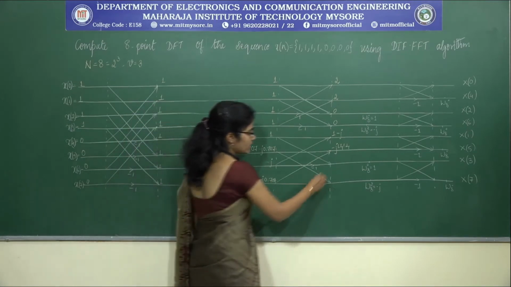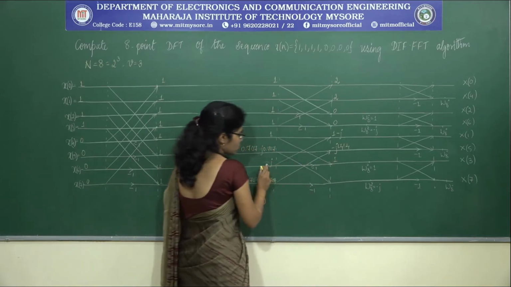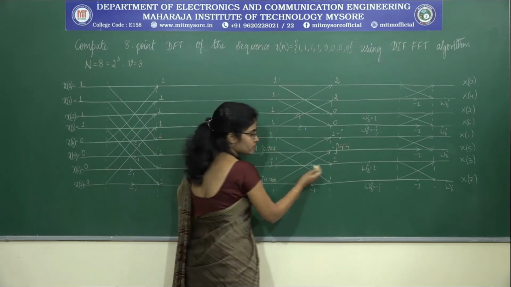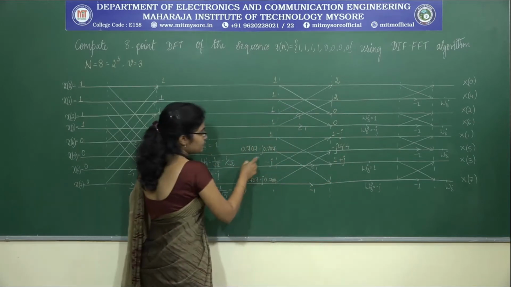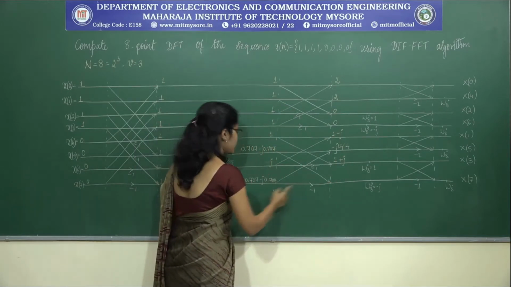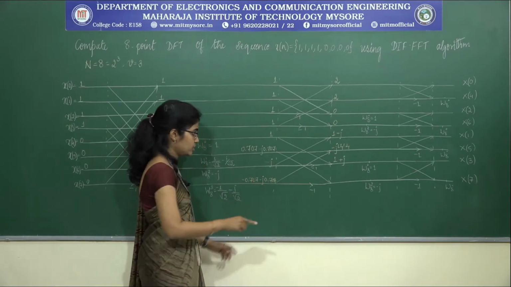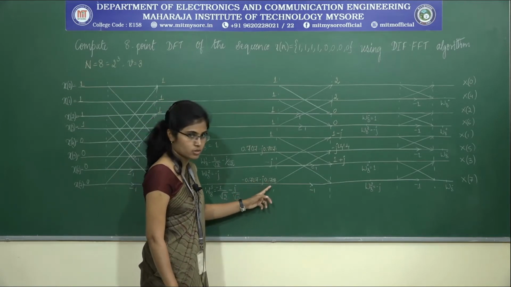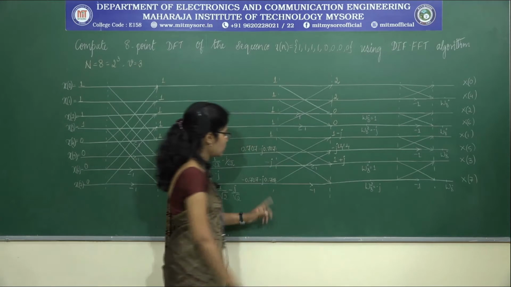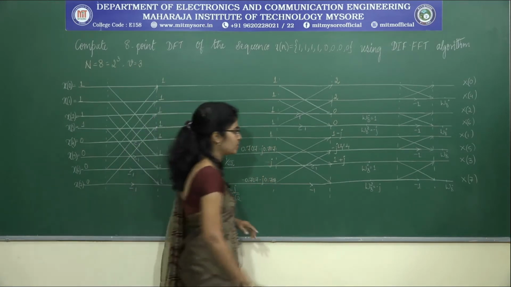Okay. Again coming to this point, the signal coming from this branch is 1. So minus j multiplied with minus 1 gives us plus j. So it becomes 1 plus j. Again at this point, this is the signal coming, and this data is multiplied with minus 1, which gives us 0.707 plus j 0.707. At this particular point the imaginary terms get cancelled, and we are left only with the real value.